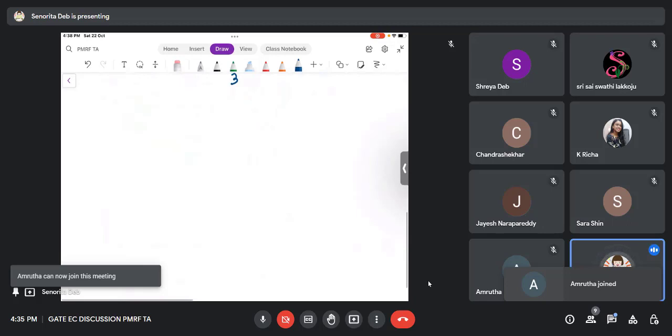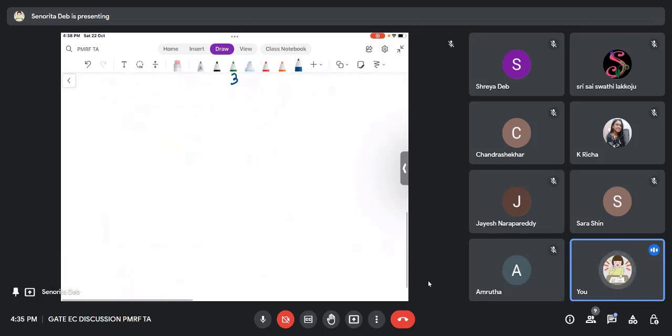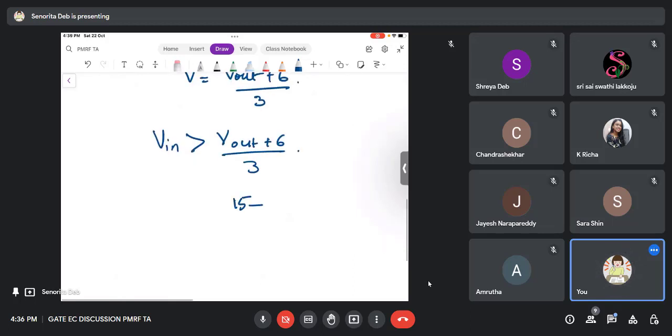So V is (Vout plus 6) by 3. Let us say Vin is greater than (Vout plus 6) by 3, and this will be nothing but (15 plus 6) by 3.